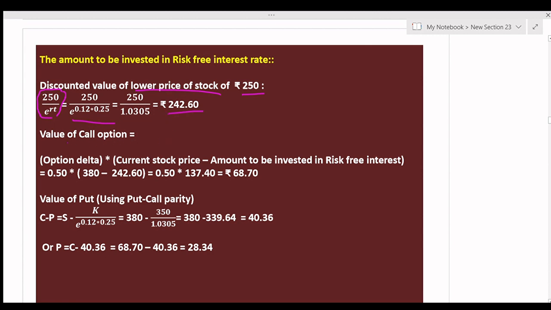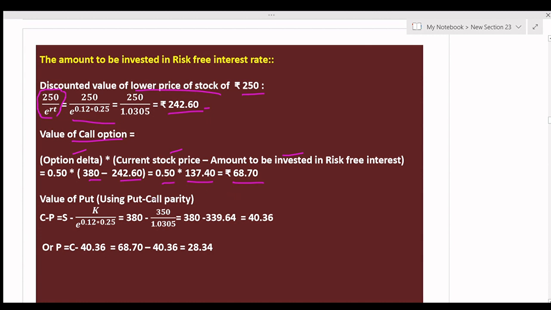Now the value of the call option is option delta into the current stock price, here it is 380, minus the amount to be invested in risk-free interest, here it is 422.60, which is calculated here. That is equal to 0.50 multiplied with 137.40, which is equal to 68.70.